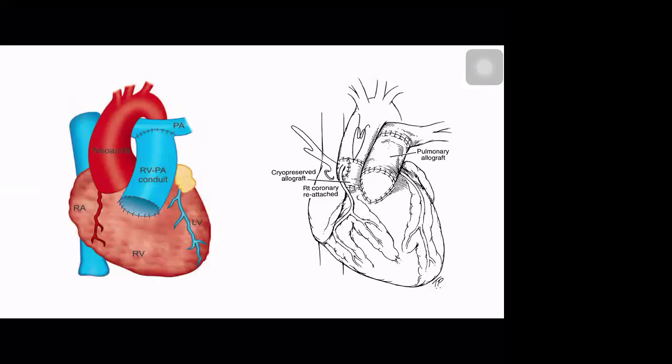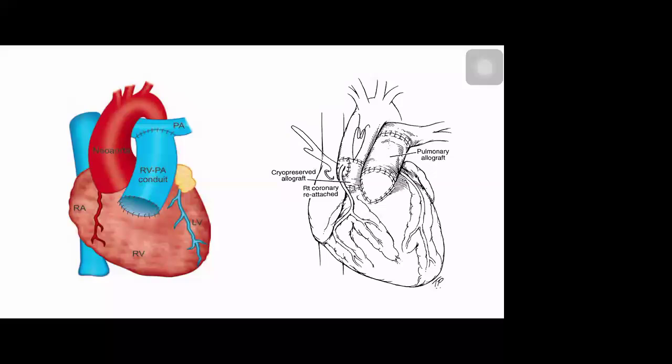You can see in this picture the surgical management. On the left hand side, the RV and the aorta and the PA are separated. Then the new aorta is formed with a patch closure. The RV to PA conduit is established.